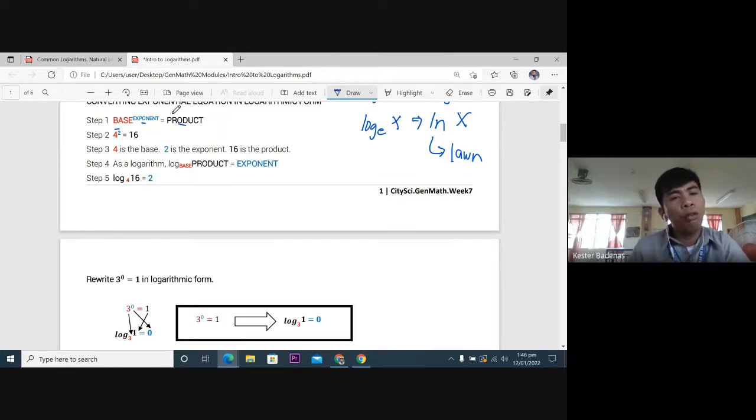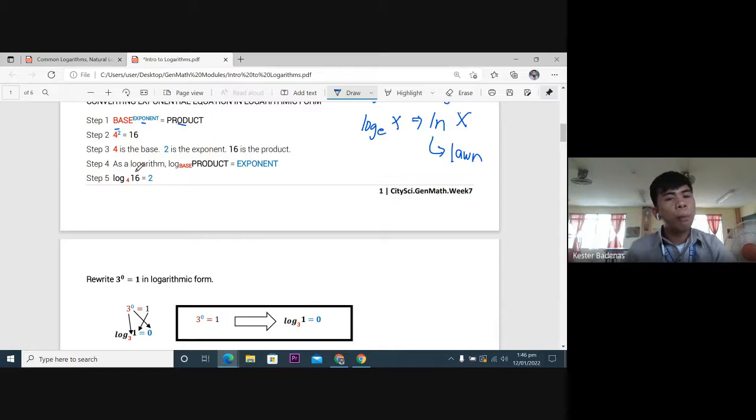Let's say we have 4 squared is equal to 16. So, identify the parts. We have 4 as the base, 2 as the exponent, and 16 is our product. So, rewrite that as logarithm. We all know that the logarithm of the product to the base is equal to the exponent.